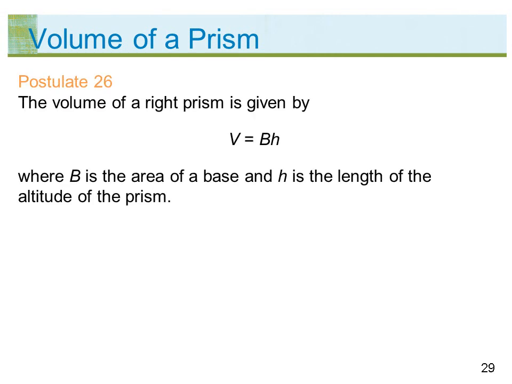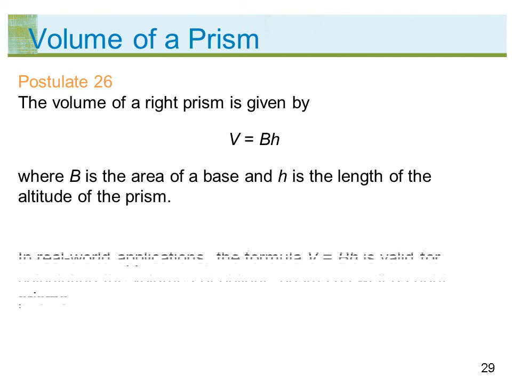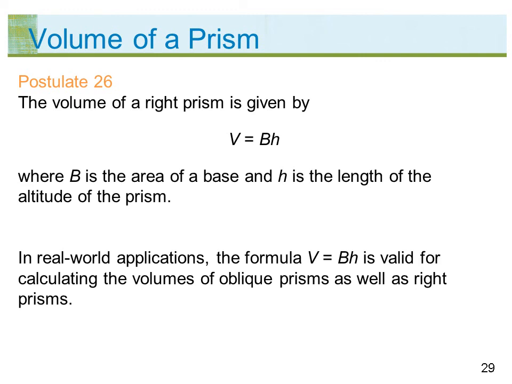Postulate 26. The volume of a right prism is given by capital V equals capital BH, where capital B is the area of a base and h is the length of the altitude of the prism. In real-world applications, the formula capital V equals capital BH is valid for calculating the volumes of oblique prisms as well as right prisms.